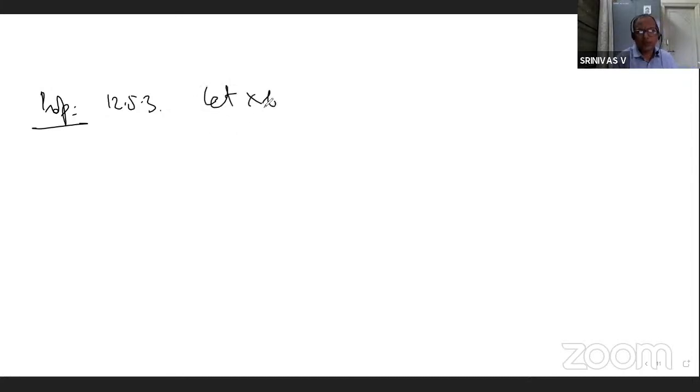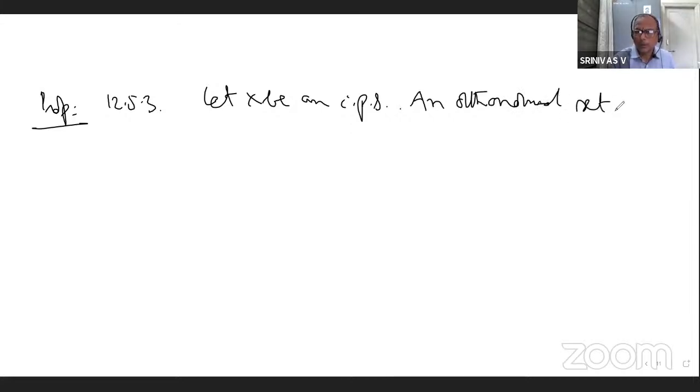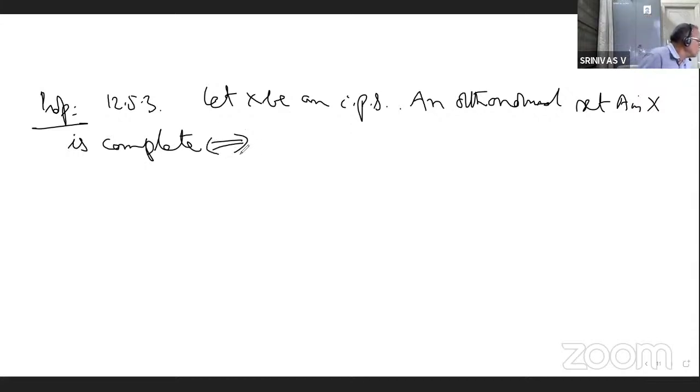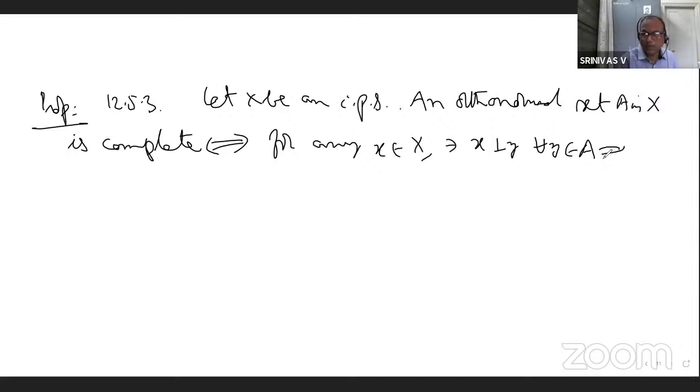An orthonormal set A in X is complete if and only if, for any x in X, x is orthogonal to y for all y in A implies x equal to the 0 vector.